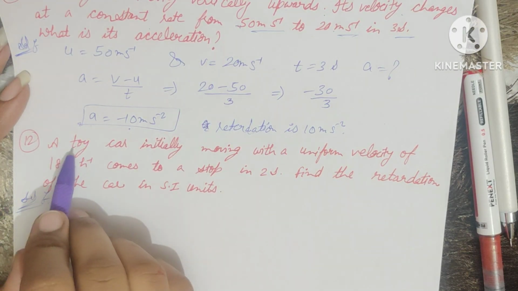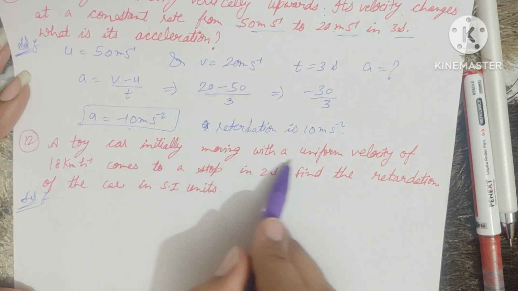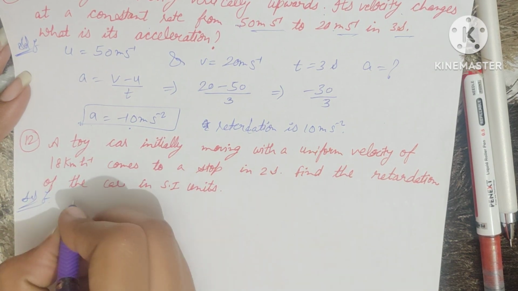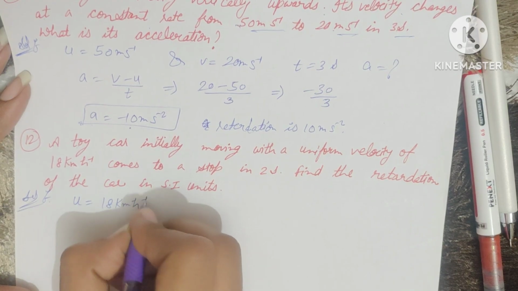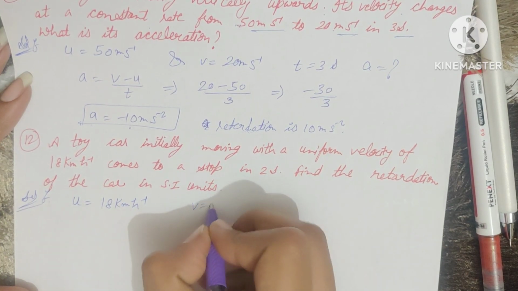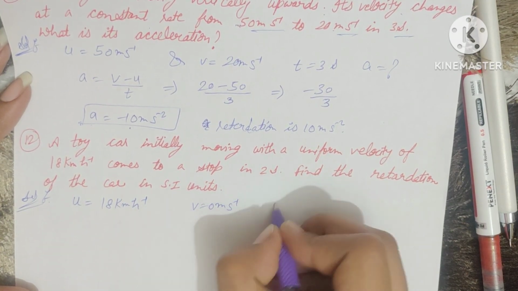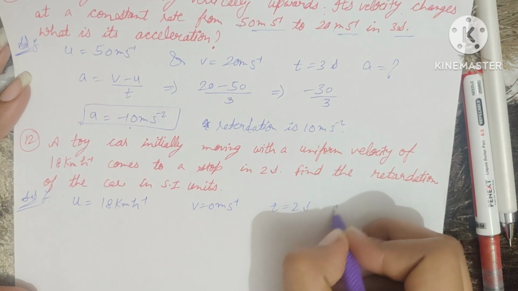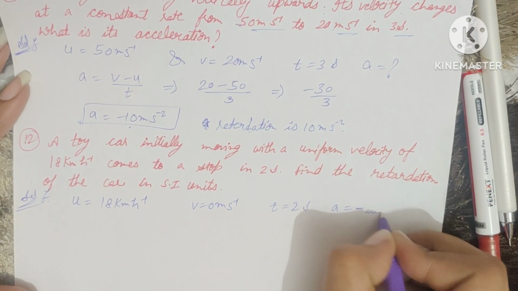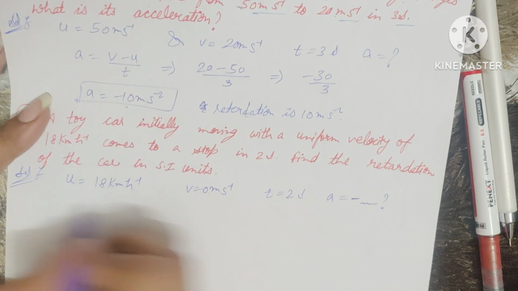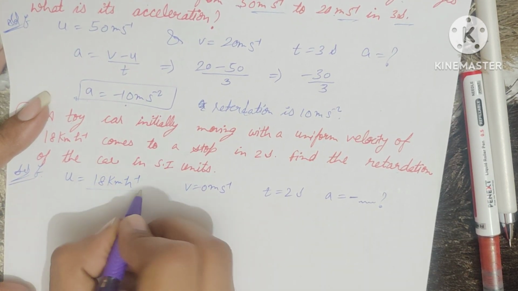The question is a toy car initially moving with a uniform velocity of this. Uniform velocity, initial velocity is given in kilometer per hour, and it comes to a stop, meaning the final velocity is 0, in the time of 2 seconds. We have to find the acceleration. It is actually the retardation, so the value will come with a negative sign. The next thing is, this is given in kilometer per hour.